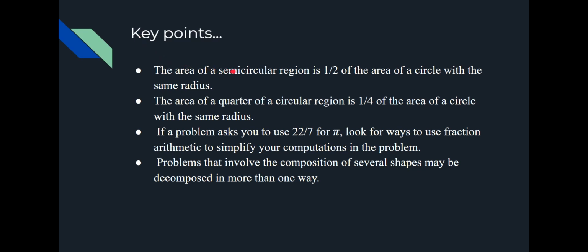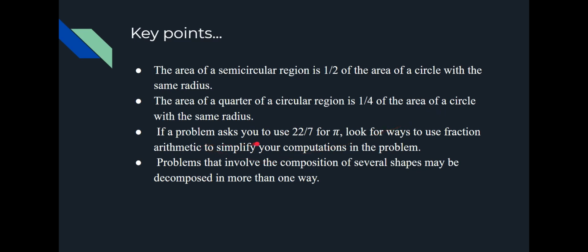The area of a semicircular region is half of the area of a circle with the same radius. The area of a quarter of a circular region is 1/4 of the area of a circle with the same radius.